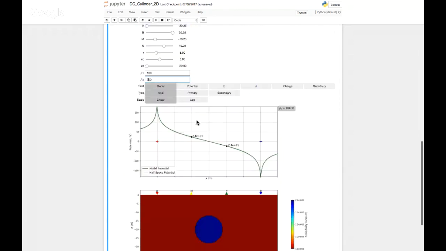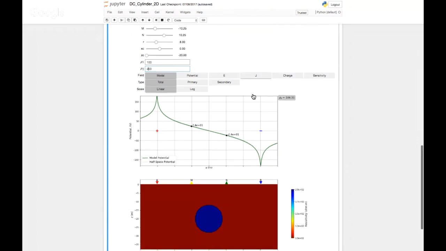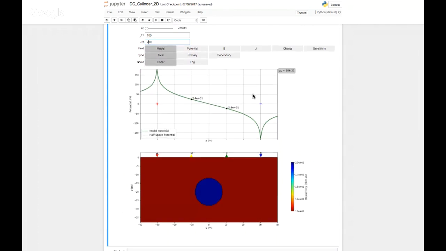So that's your geometry. Now, if you look on here, there are a number of things that you could plot. There are fields, and so you can plot potential, the electric field, the currents, charges, sensitivity. As I've been saying this morning, perhaps the first thing that you might want to do is look at the currents.